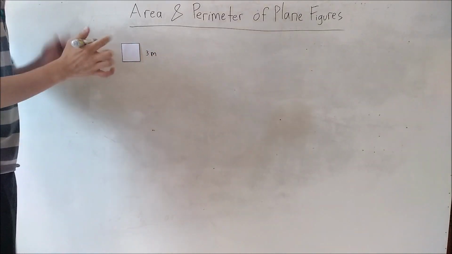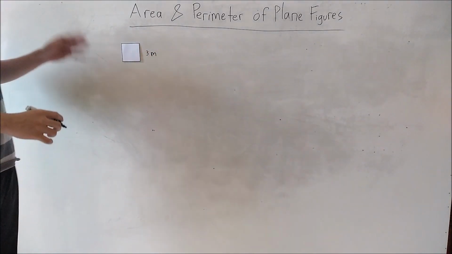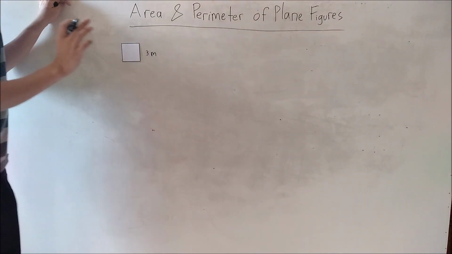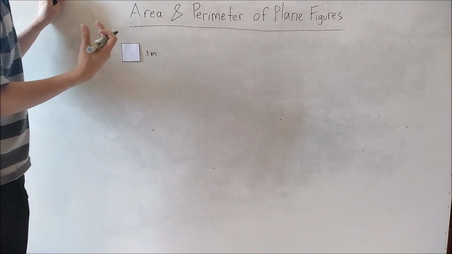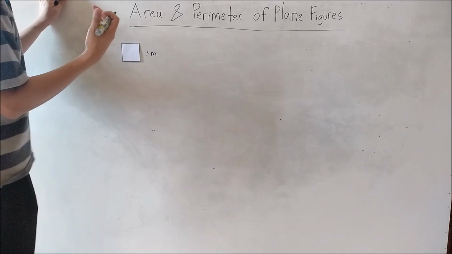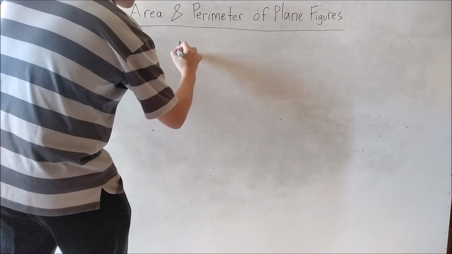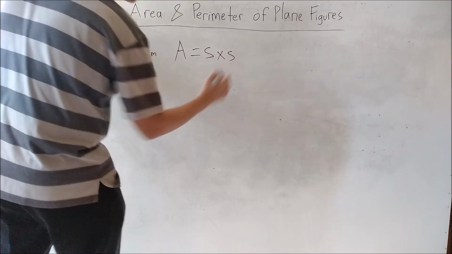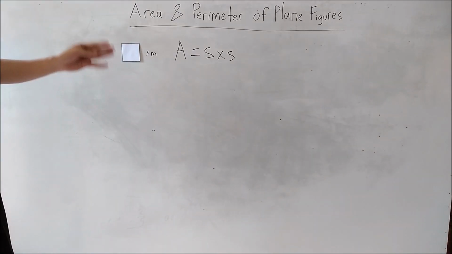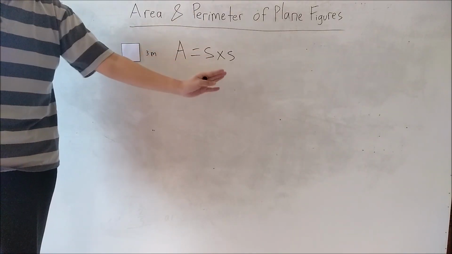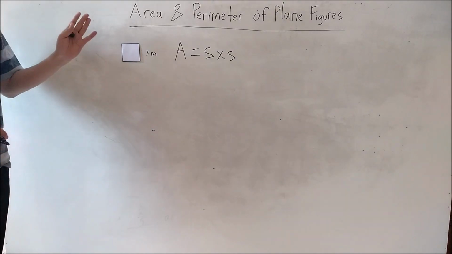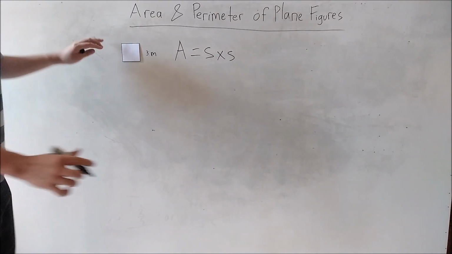Okay, 3 meters on each side. I mean, the side of the square is 3 meters each. Why do we have this as the formula of the area of the square? Side times side. Why do we have side times side or length times length? How can it become the formula for square area?